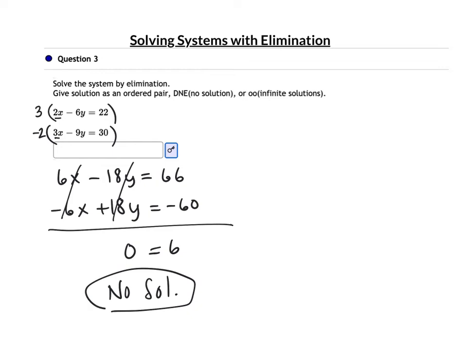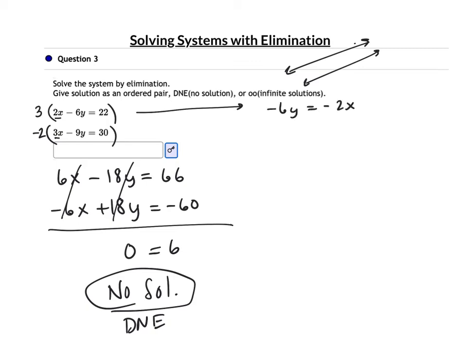If you're wondering why that is, the reason is that these two lines, when you graph them, have the same slope, but they don't intersect. So if we take these equations and solve for y, negative 6y equals negative 2x plus 22.